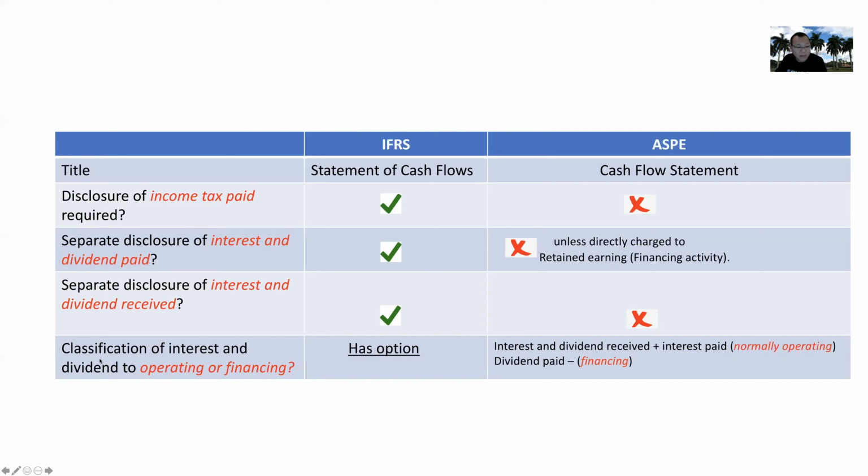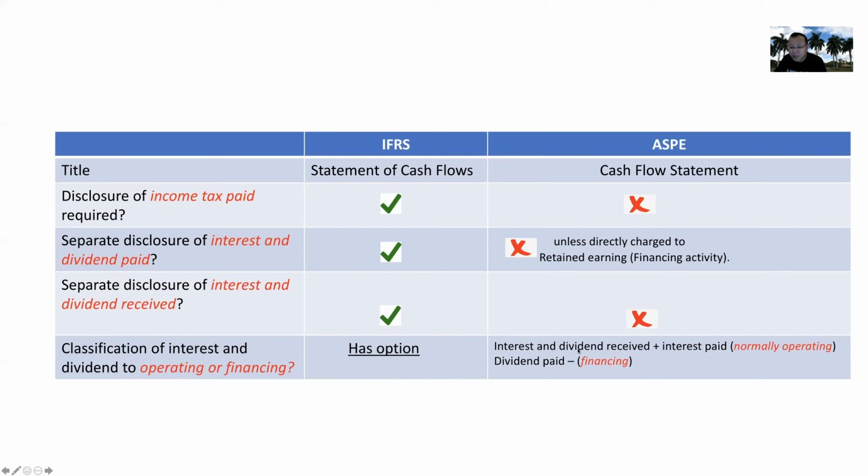Moving to the bottom item, how the interest and dividend items should be classified: they could be included under operating activities or financing activities. Under IFRS, this is flexible. The companies have the flexibility to choose either way. It's their policy whether to report it under operating or financing.